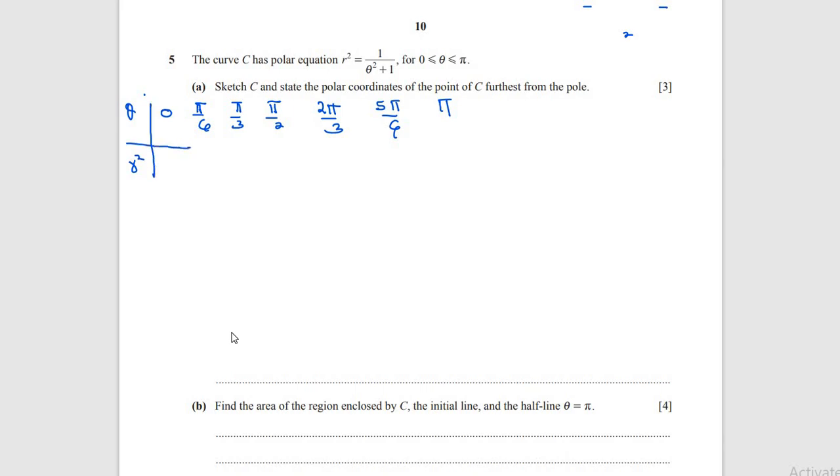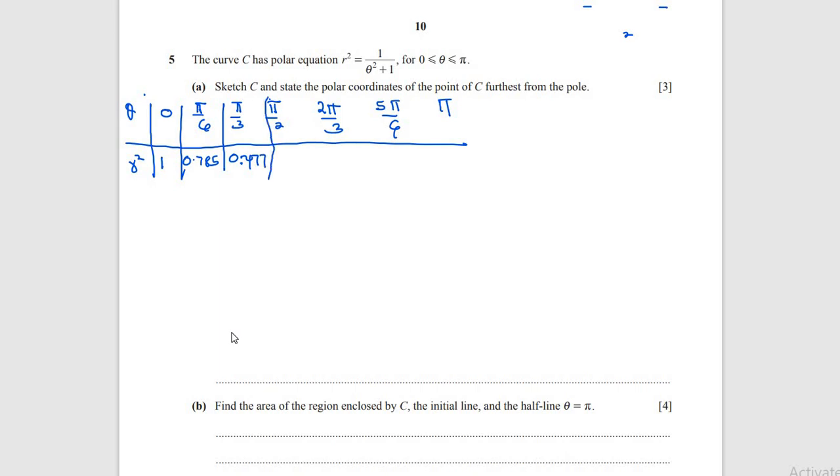This is the table. When theta is 0, the radius will be 1. When it's pi over 6, the radius will be 0.785. When it's pi over 3, the radius is 0.477.